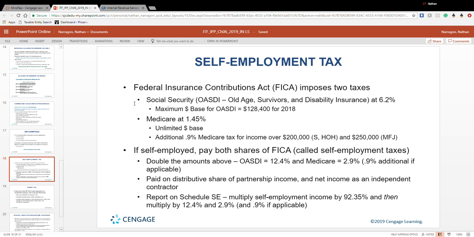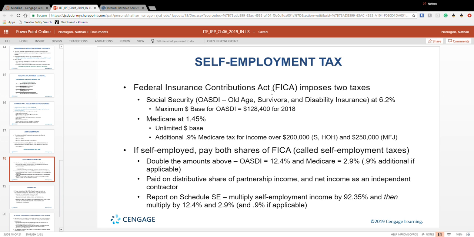Again, here's our self-employment tax. It's come back from Schedule C. Self-employment tax is the Federal Insurance Contribution Act, or FICA. Again, know a little bit of payroll. It imposes two taxes.